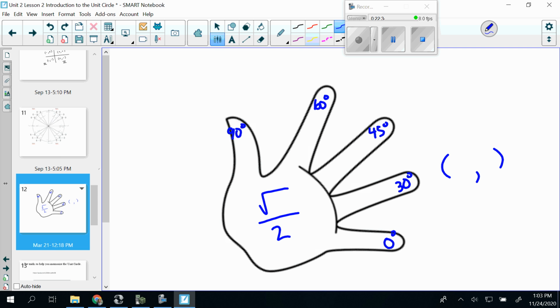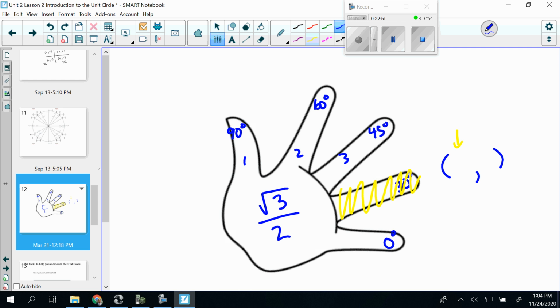So what I'm going to do is put that finger down. I'm going to cross it out to pretend I'm just putting it down. I'm going to count the fingers to the left and to the right. I'm going to go left first because I want the left ordered pair here. If I count the number of fingers to the left, I can see there's 1, 2, 3. So there's 3 fingers to the left.